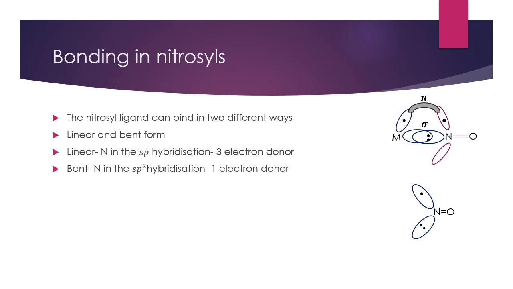Here you can see that a lone pair of electrons occupies one of the sp2 hybrid orbitals and an unpaired electron occupies another sp2 hybrid orbital. One electron is being shared with the metal, so only one bond is formed.